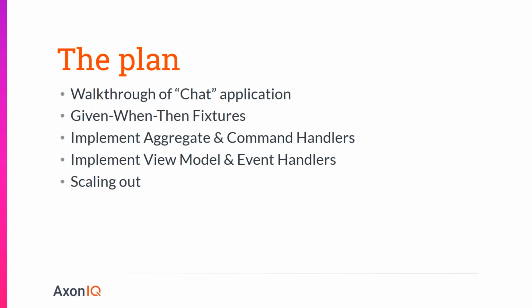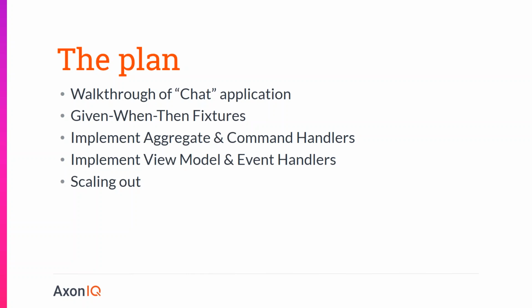Well, this is the plan. I'm going to do a short walkthrough of the chat application. There's some code prepared for this, which you can download yourself as well. And there's a README file with a few exercises that you could do, or you can sneak peek into the solutions branch and copy everything from there.